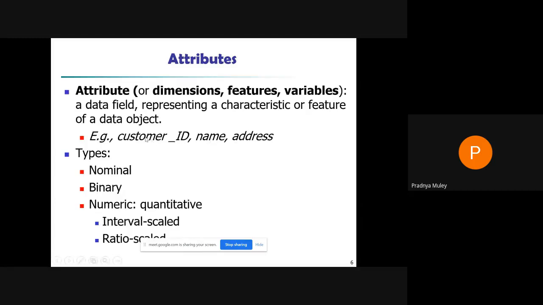For example, customer ID, name, address are the dimensions, features, or variables, that is, the attributes of an employee object. Customer ID will be of nominal type, name can be nominal, address can be nominal, then gender can be a binary type, and salary can be numeric type. So these are the types of attributes.